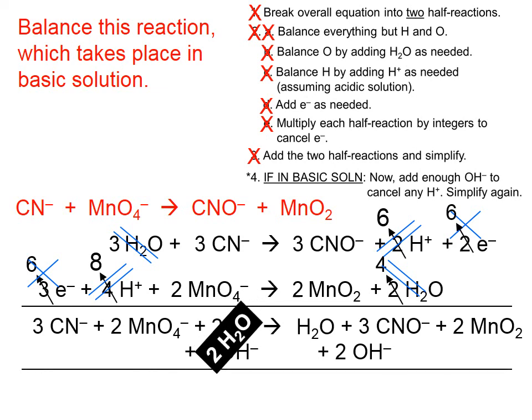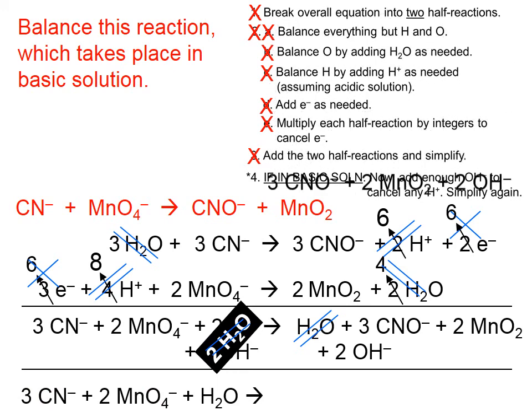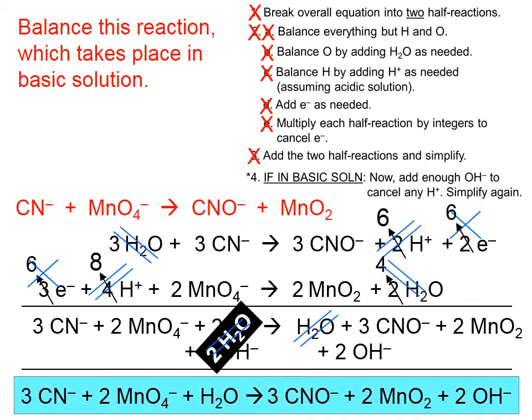And now let's simplify again. We have 2 waters on the reactant side and 1 water on the product side. That leaves us with a net of 1 water on the reactant side, in addition to the 3 cyanides and the 2 permanganates. On the product side, we have 3 different species, and we're done.